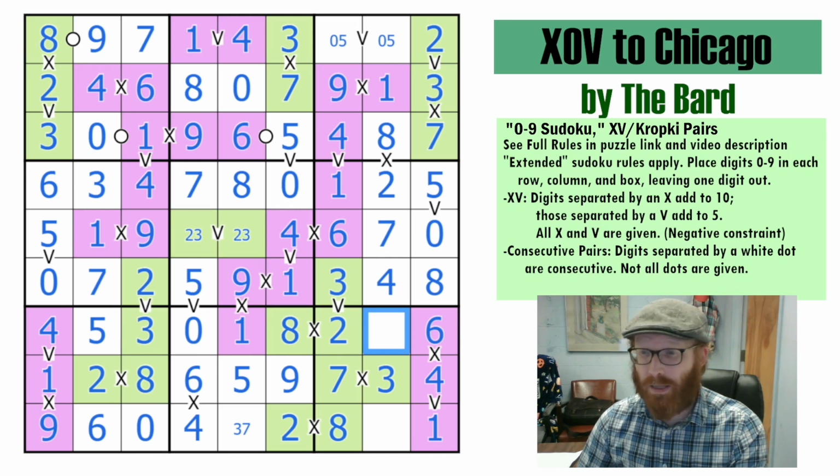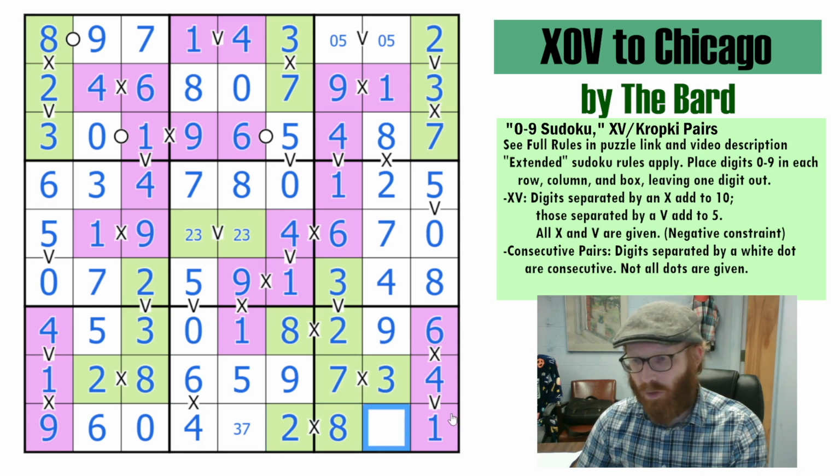We need a 7 or a 9, but there's a 7 in the box and in the column, so that's a 9. What can go here? Not a 3 and a 7. The choices are 0, 1, 5.